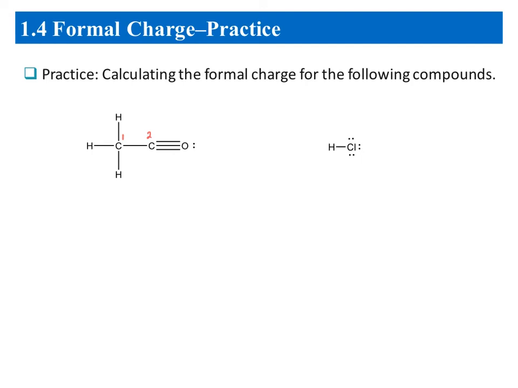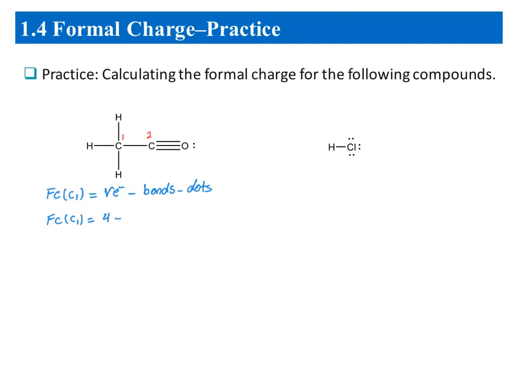So for the carbon 1 formal charge, carbon is in group 4. Let me write the formula first: valence electrons minus number of bonds minus number of dots. So carbon 1 is in group 4.